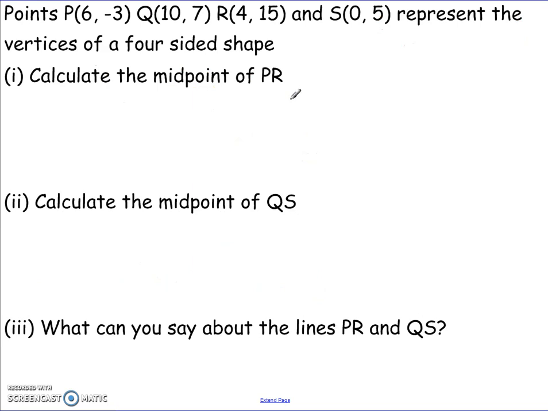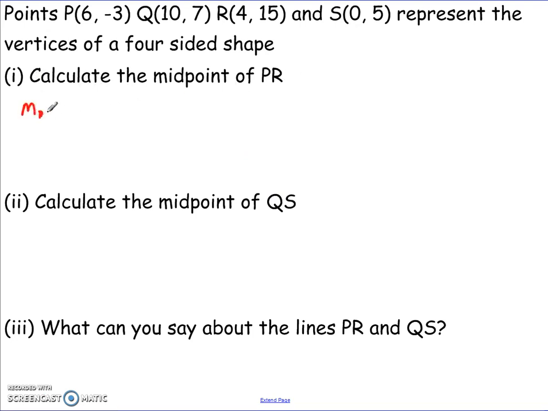We can then start to bring in context and other mathematical properties into the question. So this one here, I've got 4 vertices of a four-sided shape, P, Q, R, and S. I've got a couple of things to calculate, and then what can I say about them? What relationship does this tell me? Well, first one, calculate the midpoint of PR.